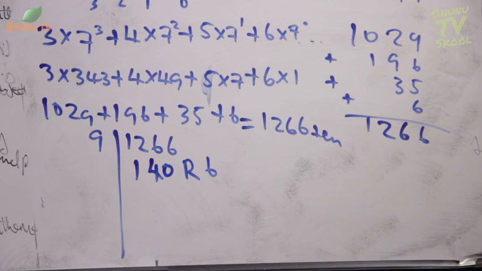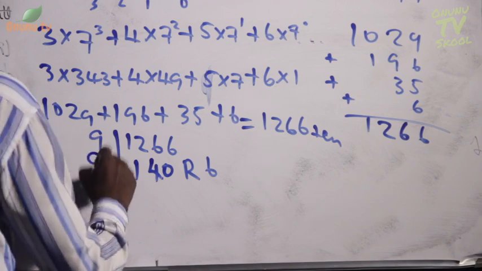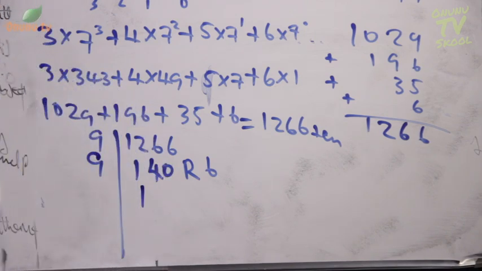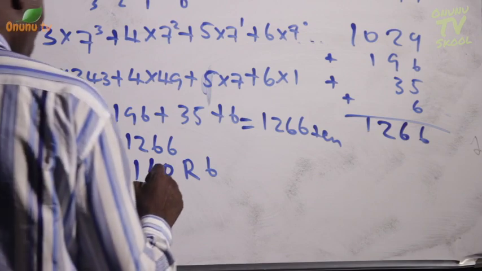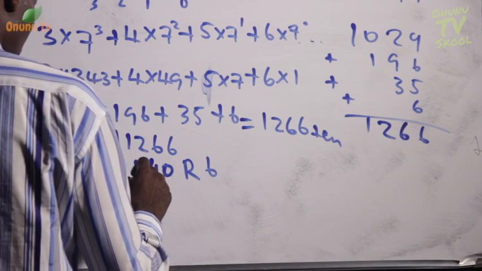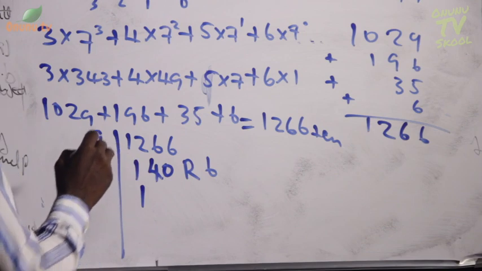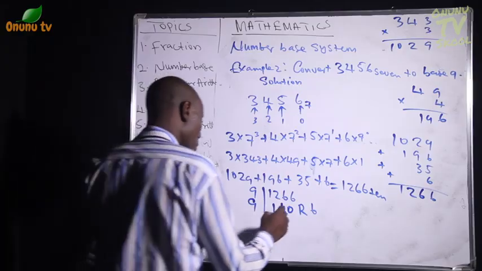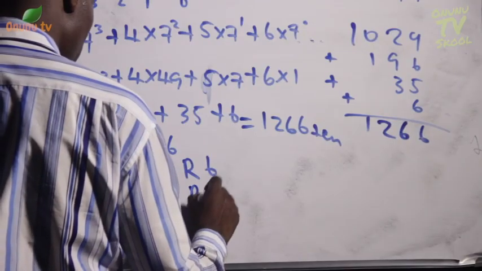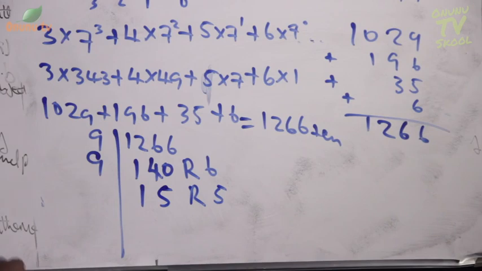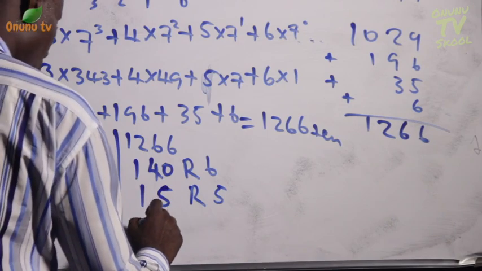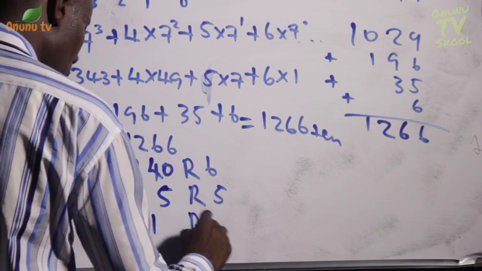So 140 remainder 6. And then 9 we go again. 9 into 140 is 15, remainder 5. 9 into 15 is 1, remainder 6.